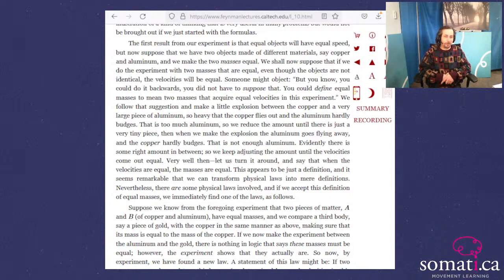You could find the situation where they respond to that explosion by producing the same velocities, and then they would have the same masses.